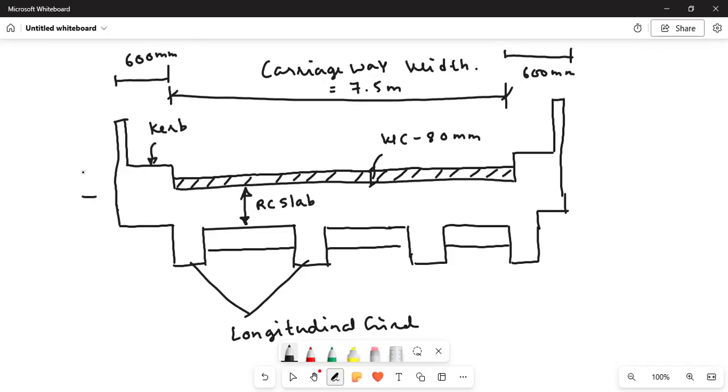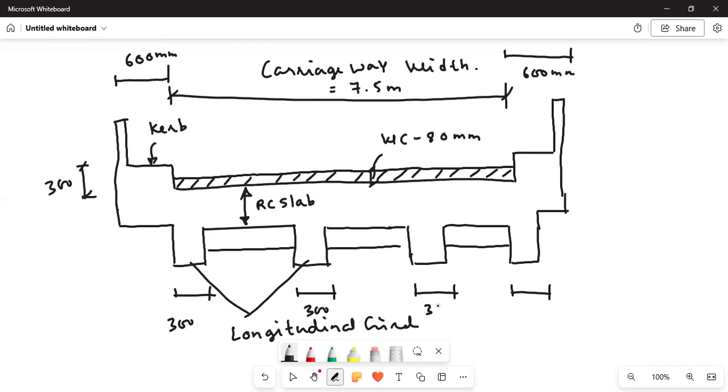Then this depth is 300 mm, the height of the footpath from the deck slab to the top of the footpath. The width of the longitudinal girder normally is 300 mm.